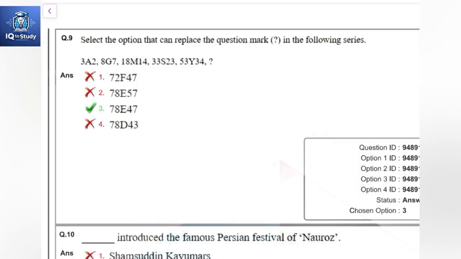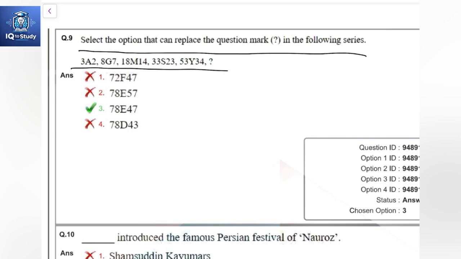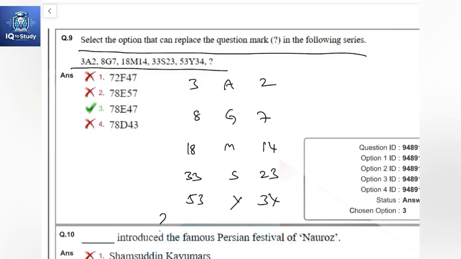Select the option that can replace the question mark in the following series. Here the series is 3A2, 8G7, 18M14, 33S23, 53Y34 and then question mark.